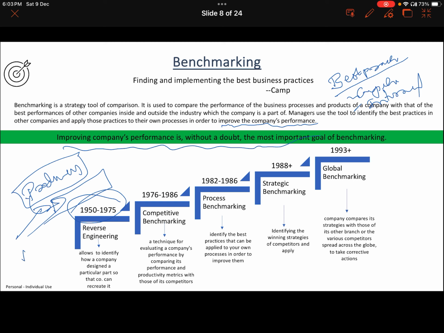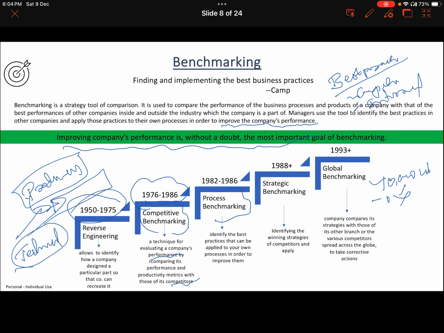It was very technical initially, but it moved to competitive benchmarking, where performances were compared between competitors. There were metrics: if I'm selling 10,000 units of cars, what is my competitor doing, and how are they different? That kind of competitive benchmarking came into force between 1976 and 1986.